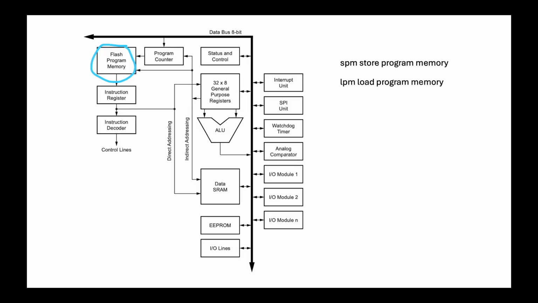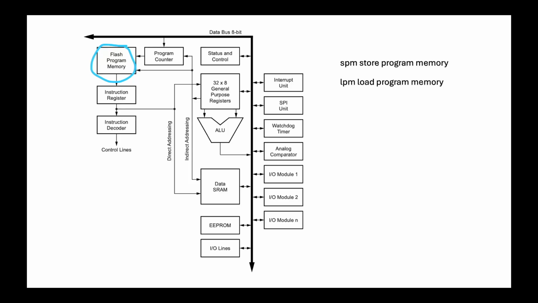And these instructions are called store program memory and load program memory. Note that the operands of these instructions are not specified here. This is because programming flash memory cannot be done in bytes. Flash memories usually have a page size. So you take a block of a page.